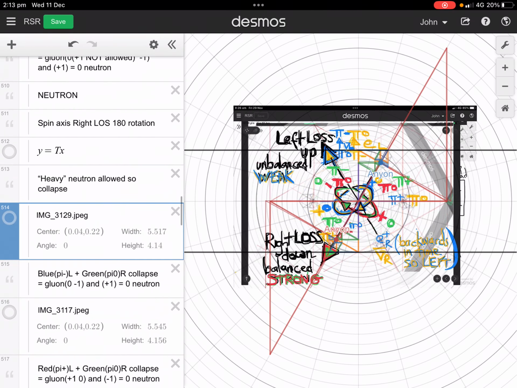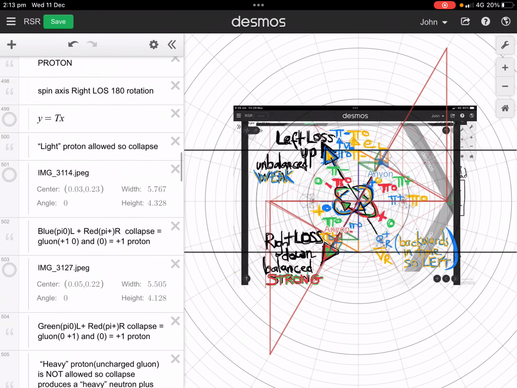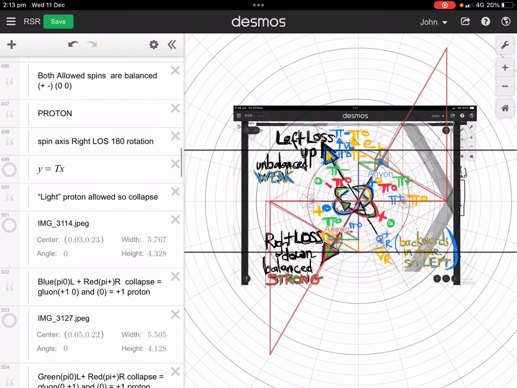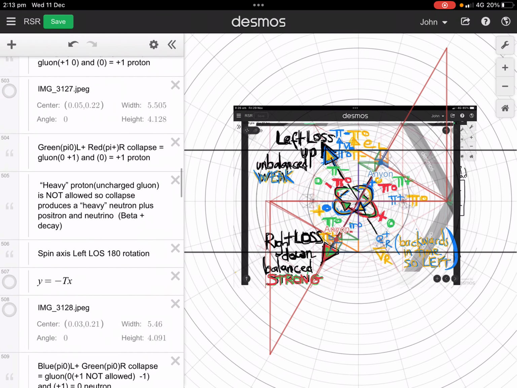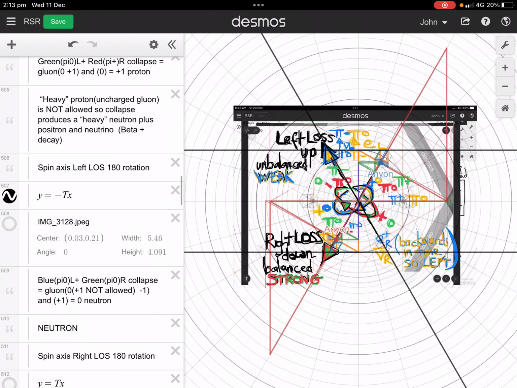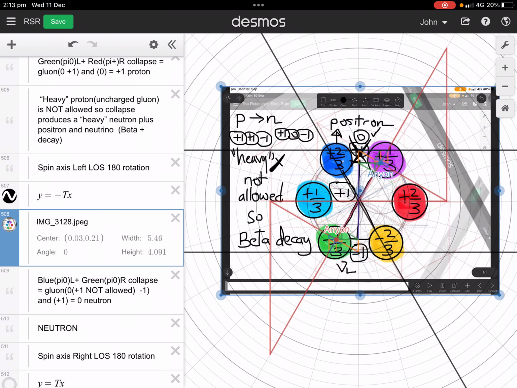But then when you get this left-handed spin, you find that this left-handed one here, the gluons are unbalanced, so it collapses. I imagine, this is my idea, that it collapses and you get beta decay.